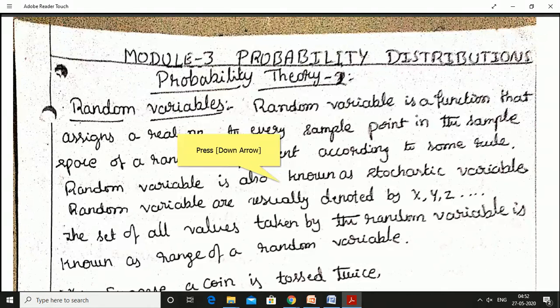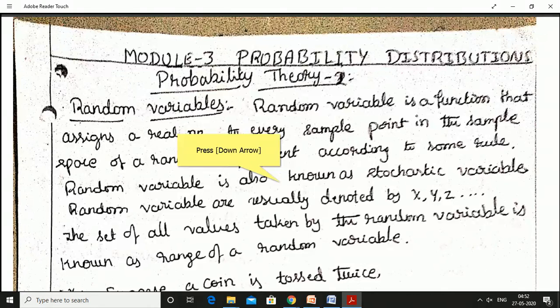Such experiments are known as random experiments. For example, tossing a coin. If we toss the coin, head may turn up or tail may turn up, but we are not sure which one will turn up.